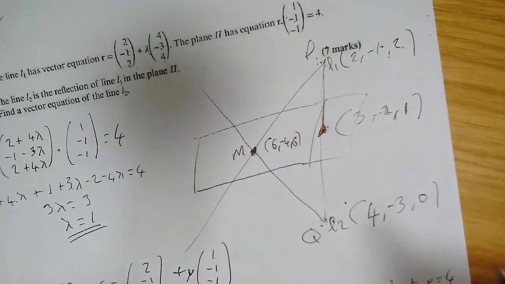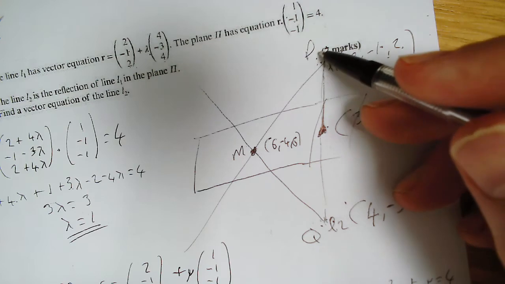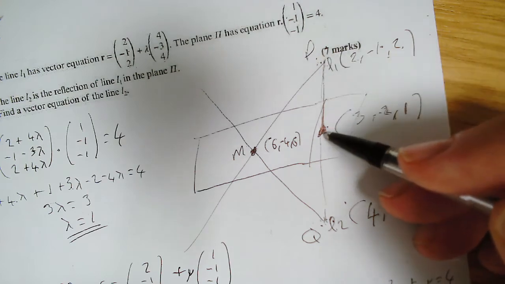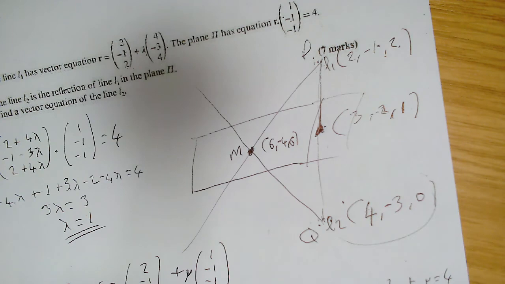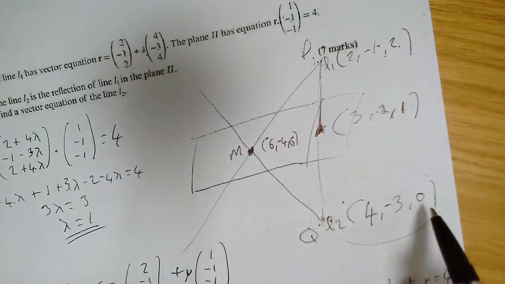So by finding where this perpendicular from Q meets the line, I can then go further to find the reflected point. Now I know my line, which is a reflection of L1, this new L2, goes through 4, negative 3, 0.